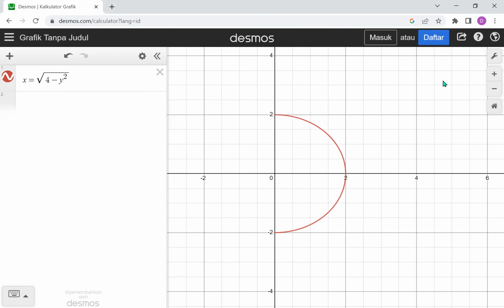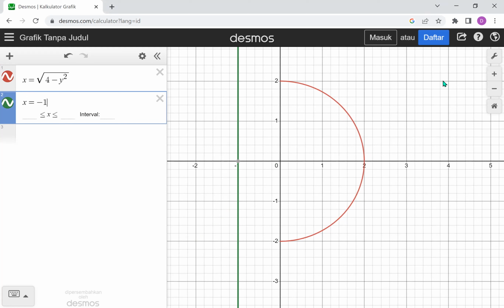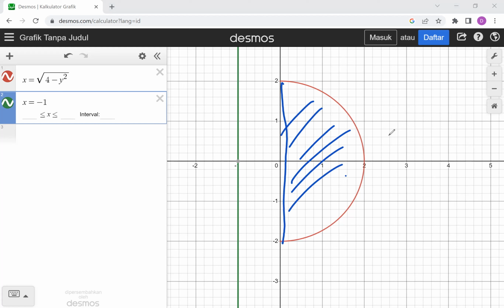I will resketch the region. The region will be this one, and then we revolve this about the line x equals -1.